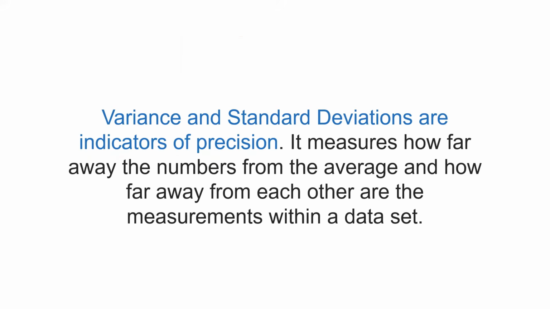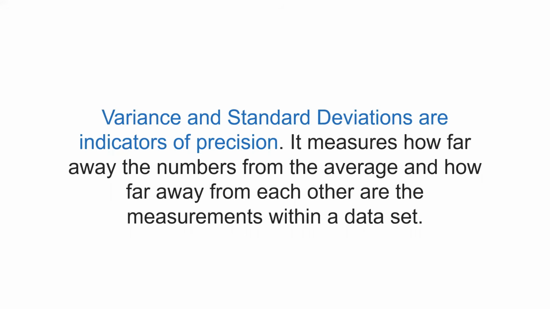Larger variance means mas widely spread, mas scattered yung data. And if you have small variance, it indicates that the values are close to one another, which means they are precise. So ibig sabihin, mas mababa yung variability or pagkakaiba-iba ng mga measurement mo or ng data set mo, which means mas precise yung mga nakuha mong values.